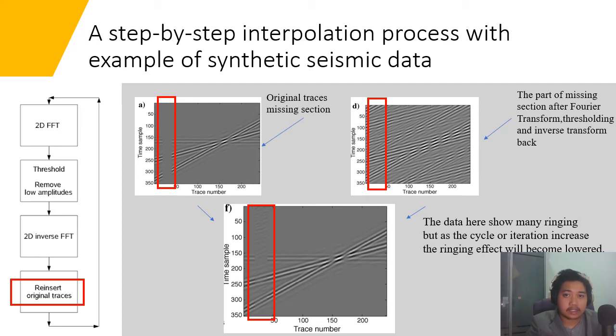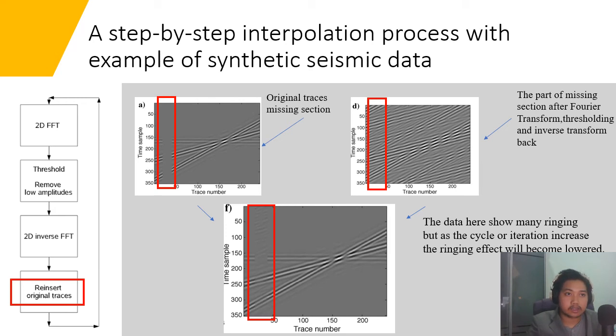And we have finally completed all the steps for the Gerchberg-Saxton interpolation. The data shown here has a lot of ringing, but as we do more and more cycles, the ringing effect will be lowered.